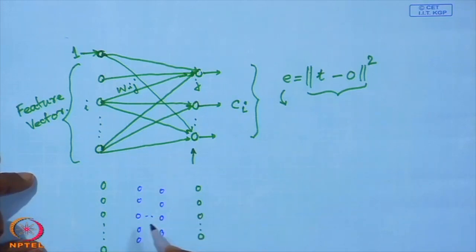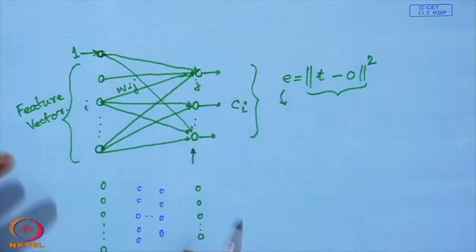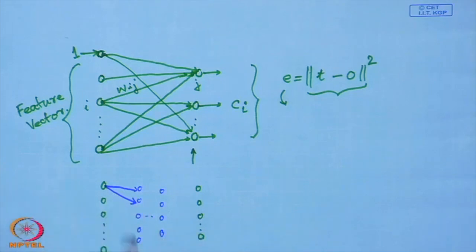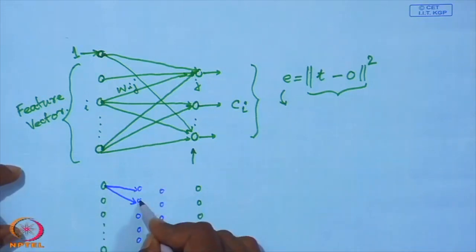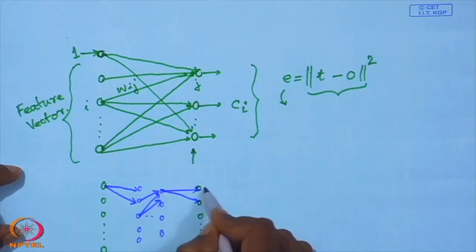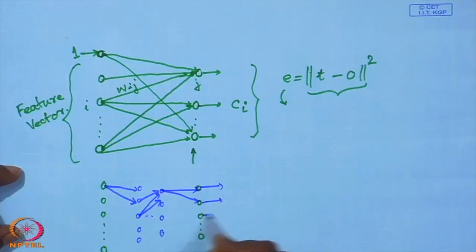However, the connection pattern remains the same. Every node in the input layer is connected to every node in the layer above it. So, it continued this way, and so on, and finally, we get the output.